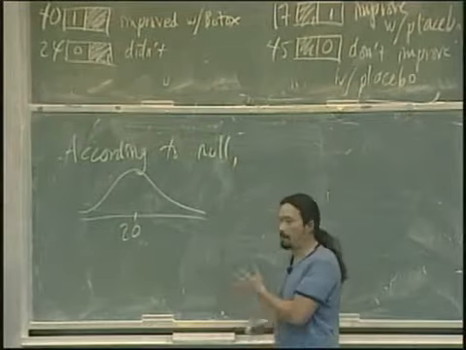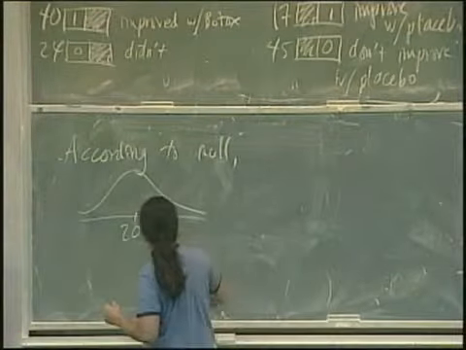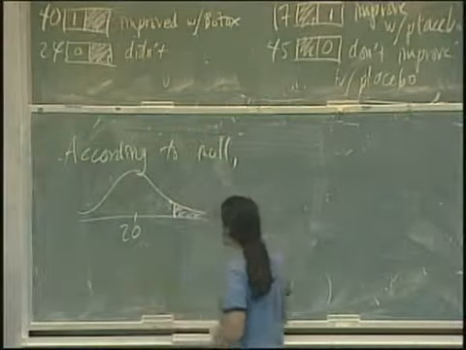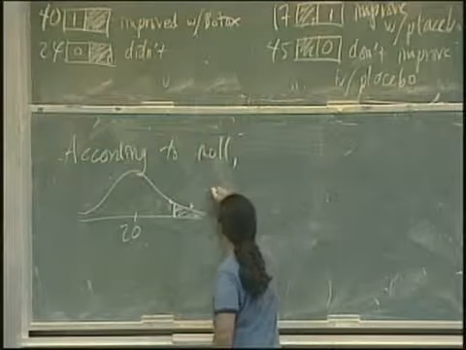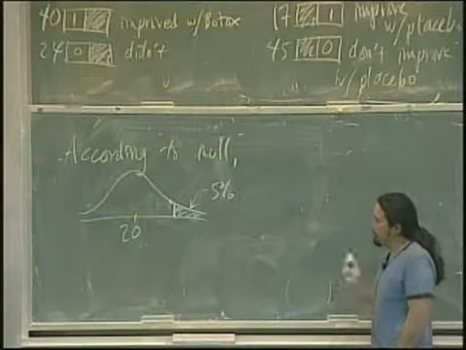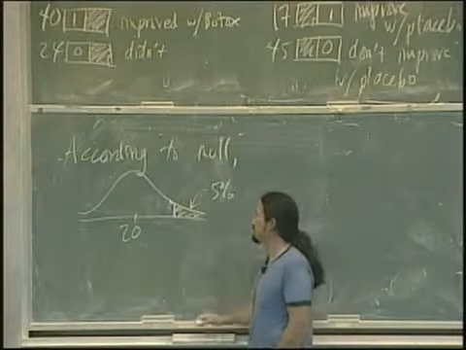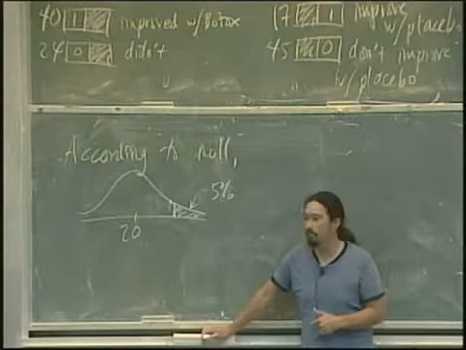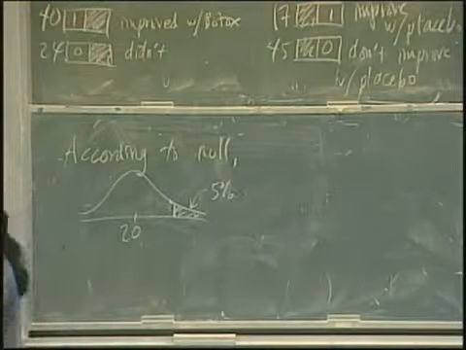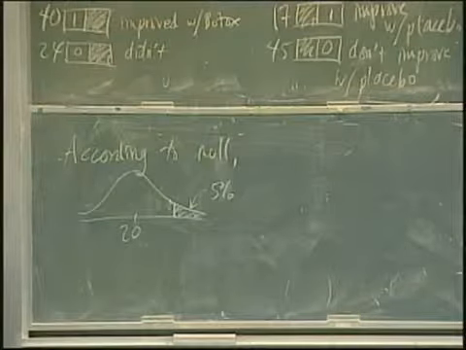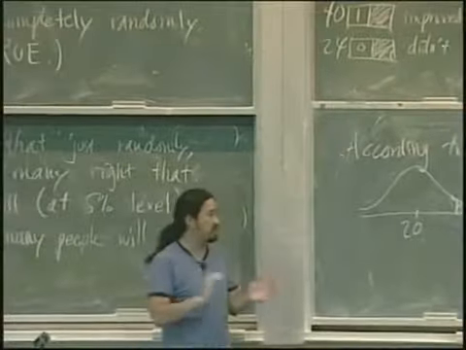And I'm not going to do any math here, but I just want to think about this intuitively. I'm just going to draw that little tail there, and I'm going to say that it has an area of 5%. And now my claim is that if you get into this tail, your p-value is less than 5%, right? And a p-value less than 5% is exactly what's required to reject the null at the 5% level, right? You're going to reject the null at the 5% level exactly when your p-value is less than 5%.